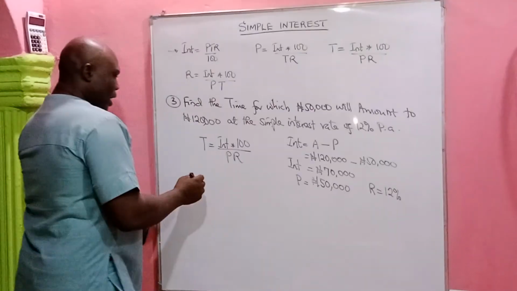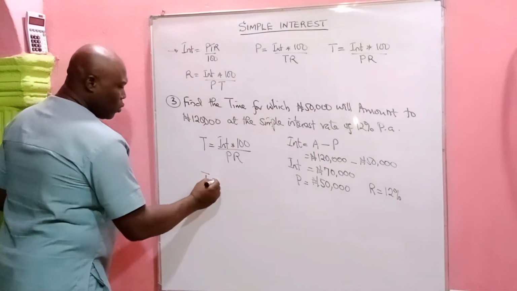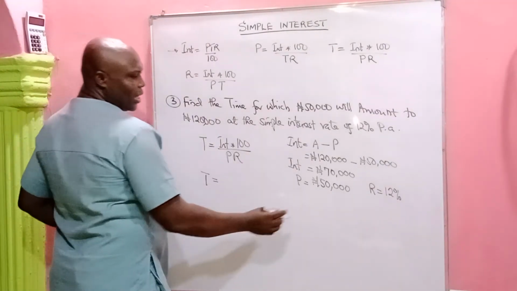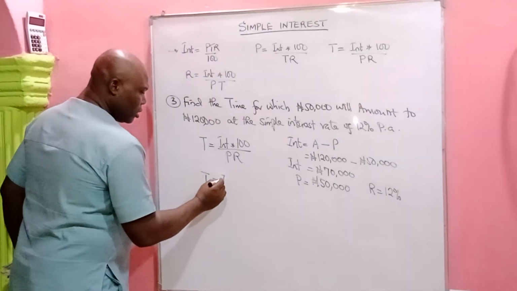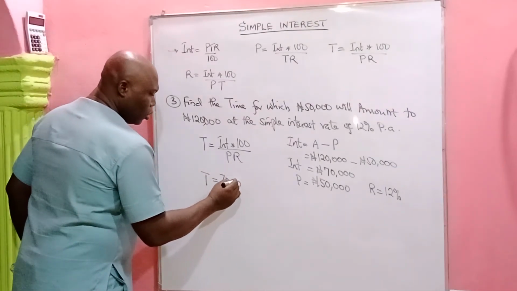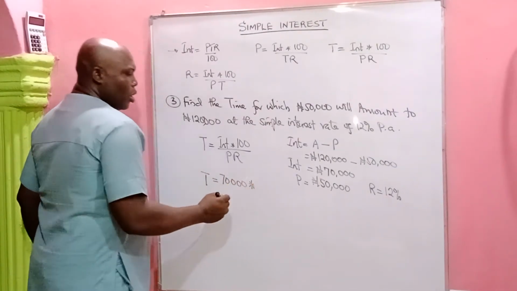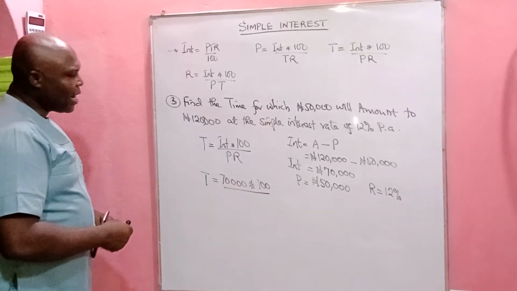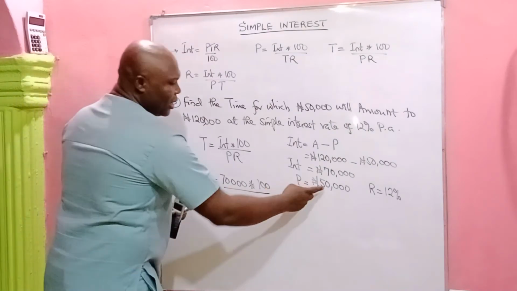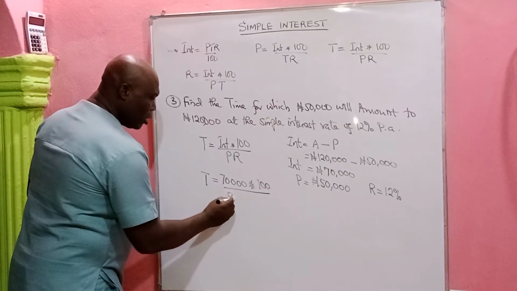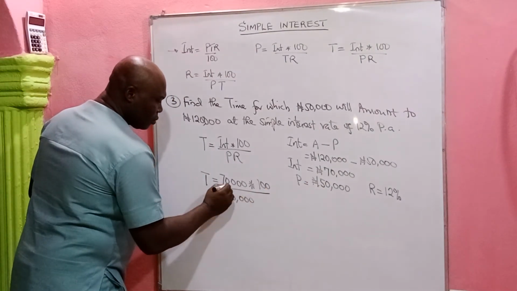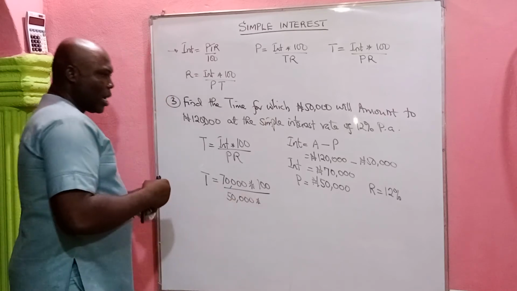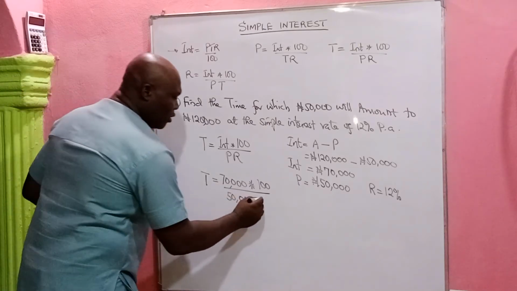12%. All right, so we are going to have our time equal to interest. Interest is 70,000. 70,000 times 100, as we have in the formula, divided by the principal. Principal is 50,000, times the rate, and the rate is 12%.